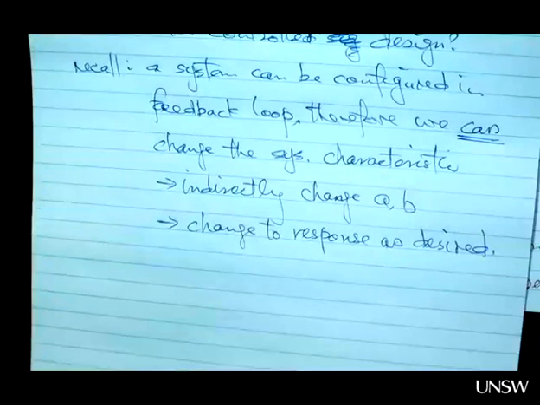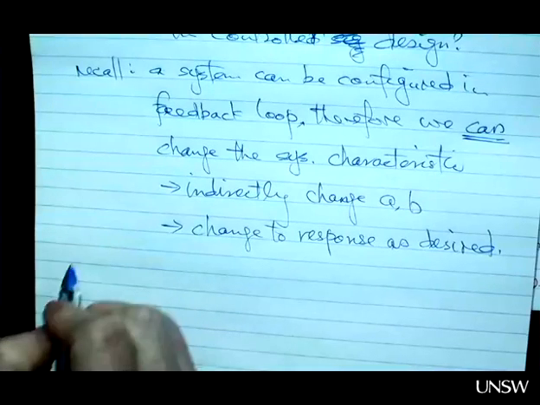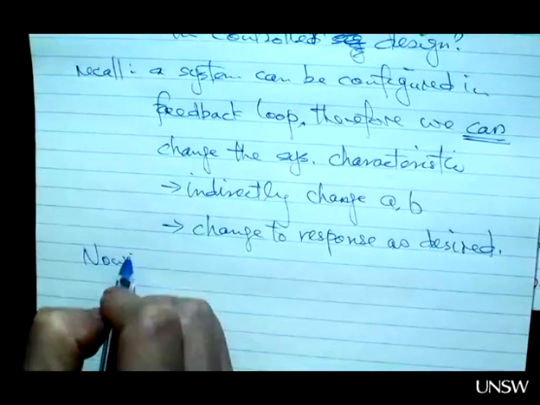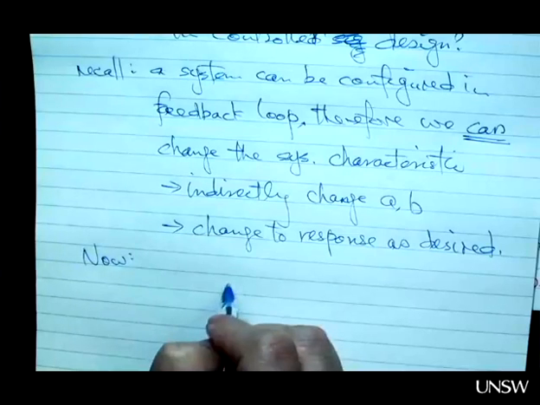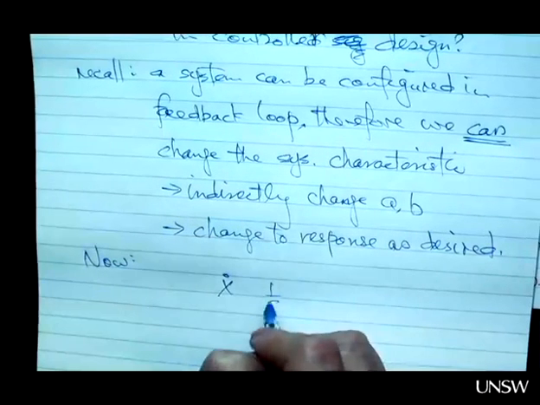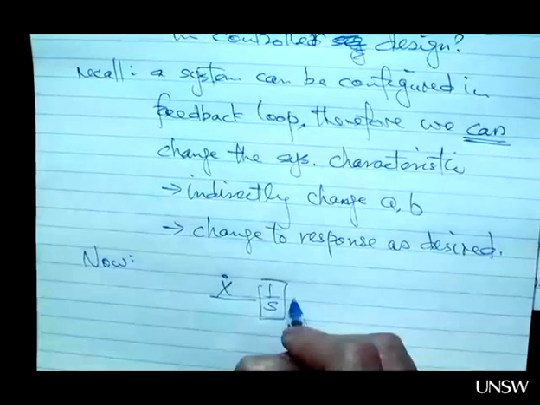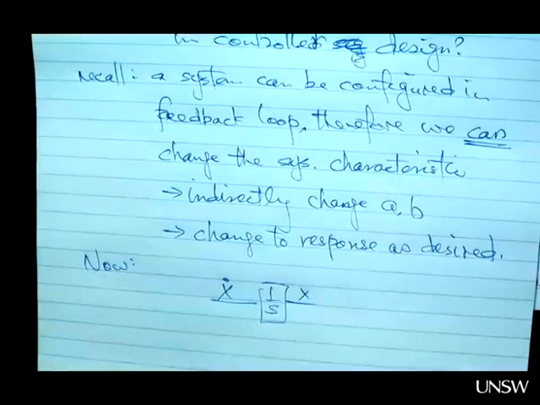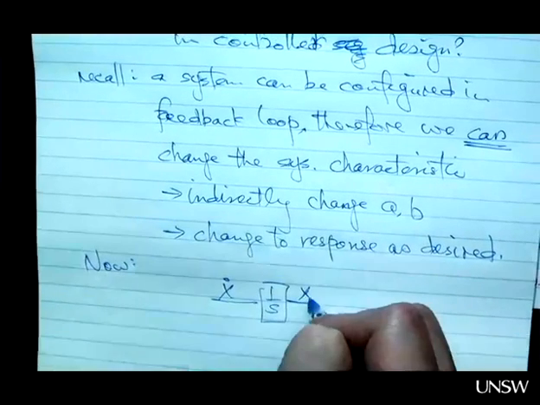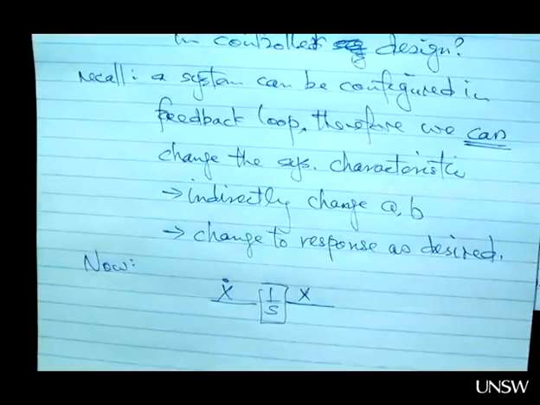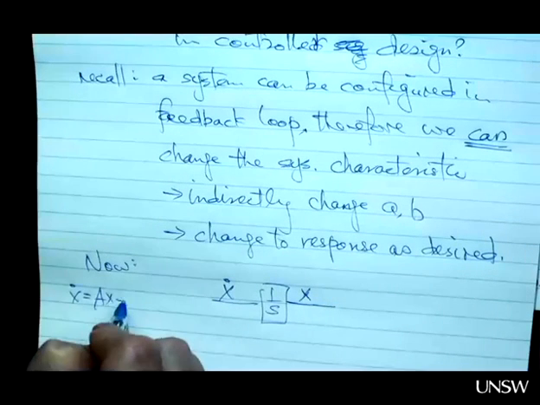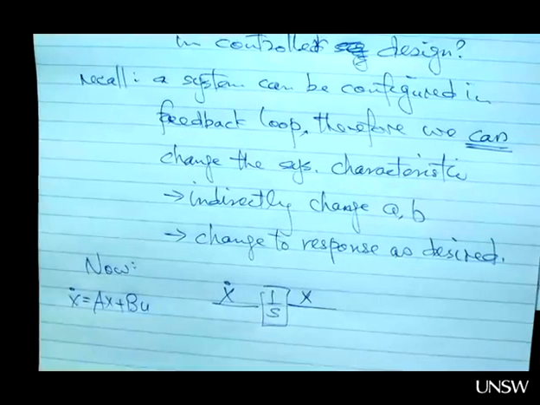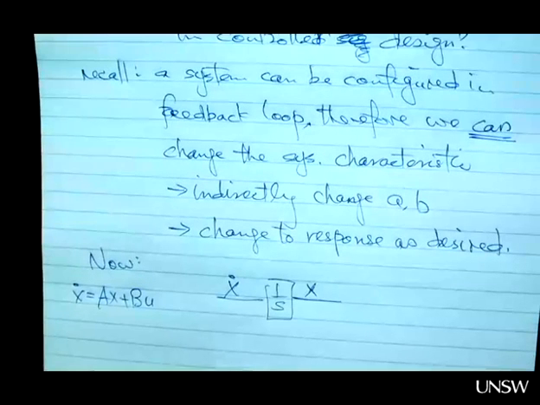Now we consider we have a system, the x dot, and then we have the x here. How do we construct a system like this? Okay, x dot equals ax plus bu.